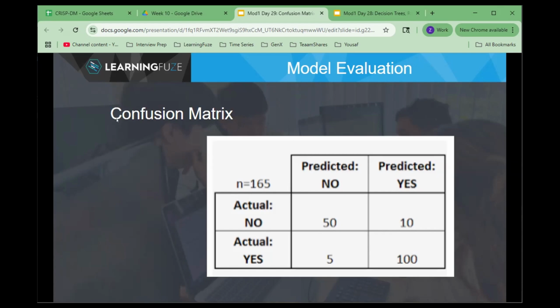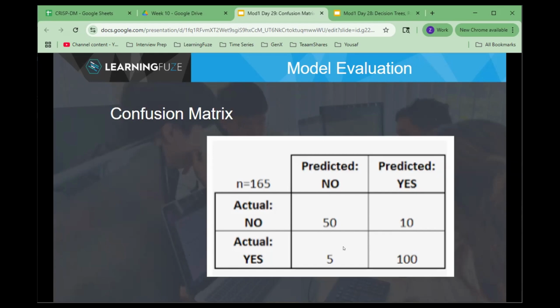So the confusion matrix is the best way to look at how your model is performing when you are doing classification. In a confusion matrix, in rows, you have actuals. The top row is actual no, and the bottom row is actual yes.